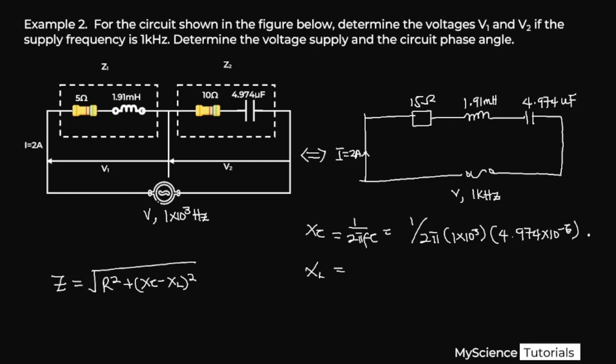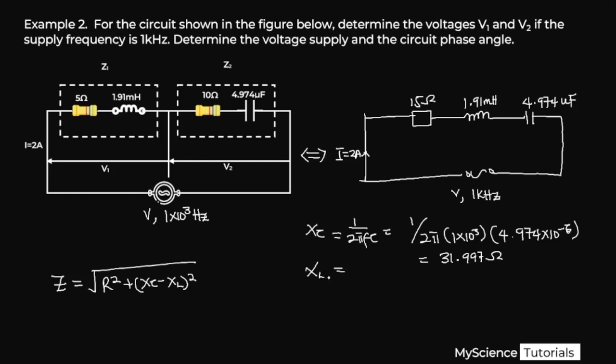If we compute everything we have over here in our calculator, we are going to get a total of 31.997 ohms for our XC, or our capacitive reactance.